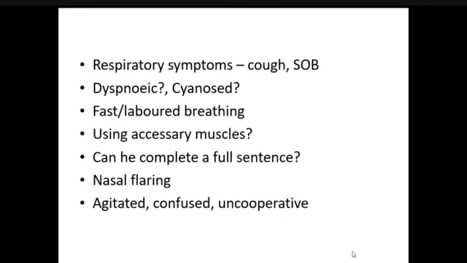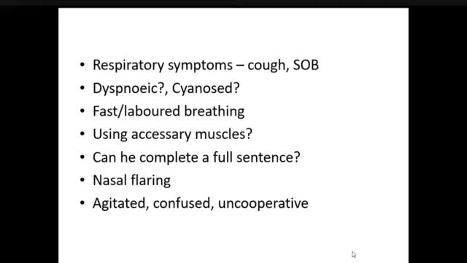Basically, we have to see whether there are any respiratory symptoms, cough and shortness of breath. Usually if they are desaturating, they have respiratory symptoms. And we can see whether this patient is dyspneic or cyanosed, and see the breathing pattern. Even from a distance, we can see whether the patient is breathing fast or has labored breathing, and whether the patient is using accessory muscles.